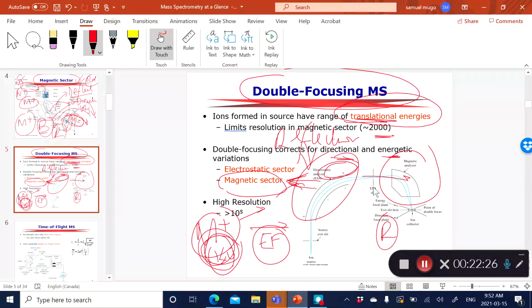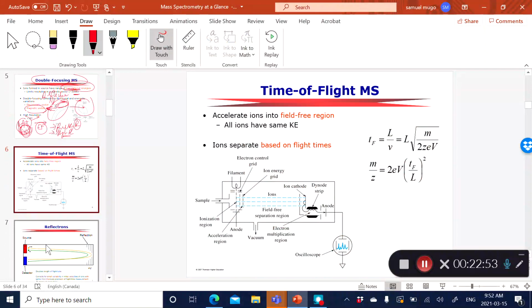You can use a reflectron or electrostatic analyzer, which deflects the ions equally based on their translational energies. So again, a fairly good instrument, but bulky, with high resolution, and expensive as well.